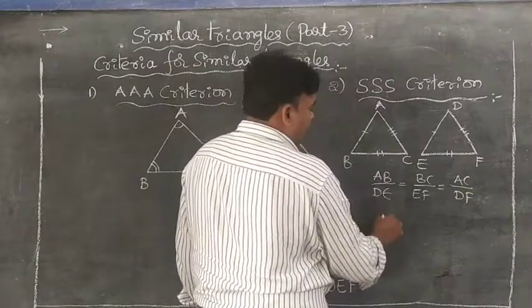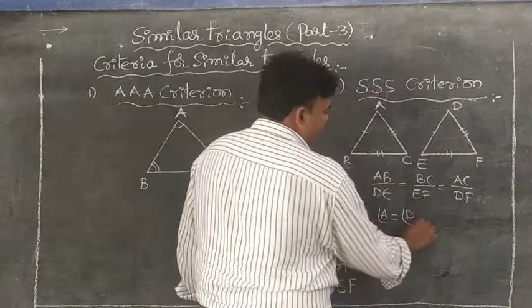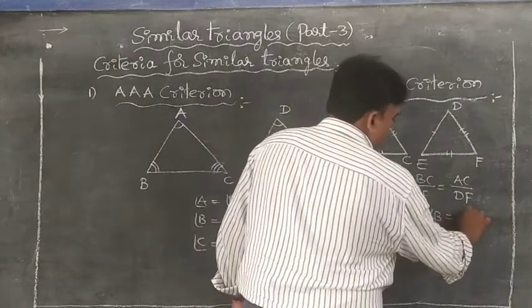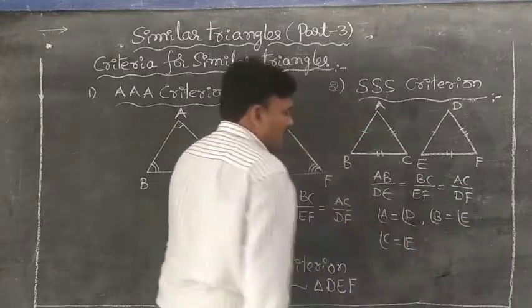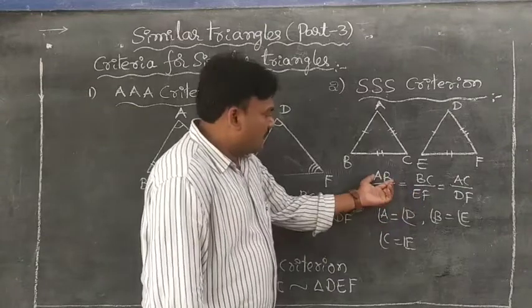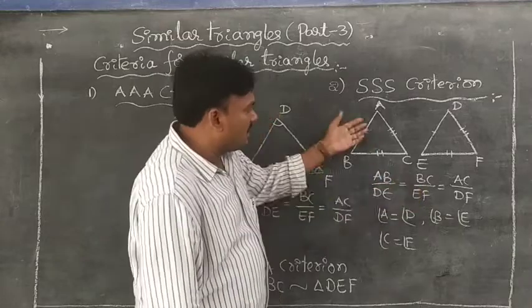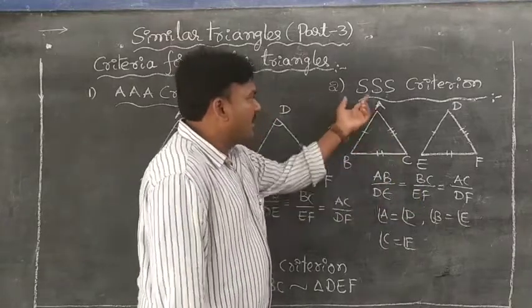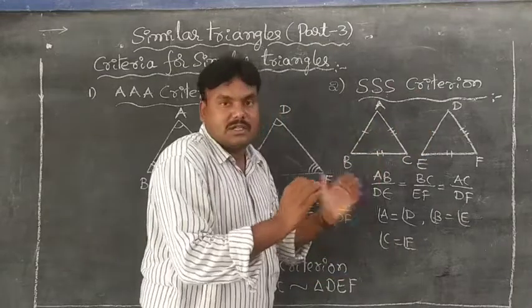Next, corresponding angles: angle A equals angle D, angle B equals angle E, and the third, angle C equals angle F. Here we use three sides. The ratio of the sides is equal. That's why, by SSS criterion, both triangles are similar to each other.